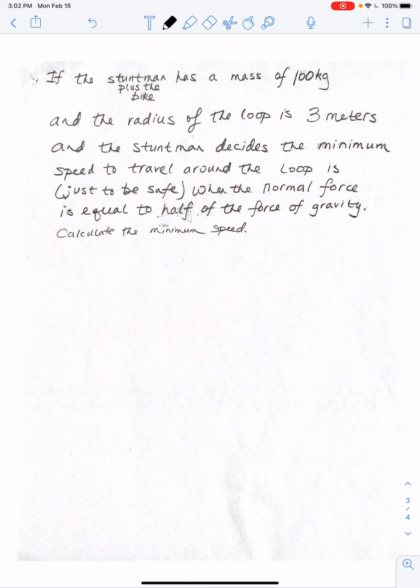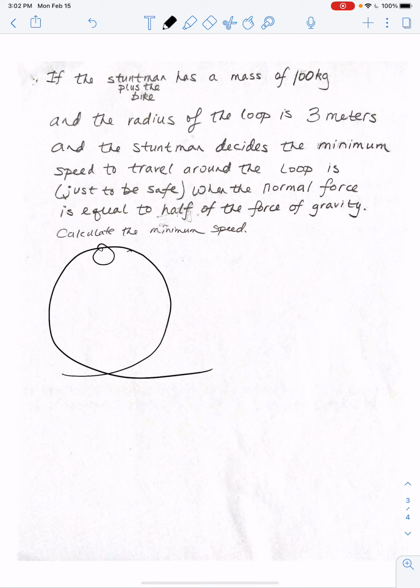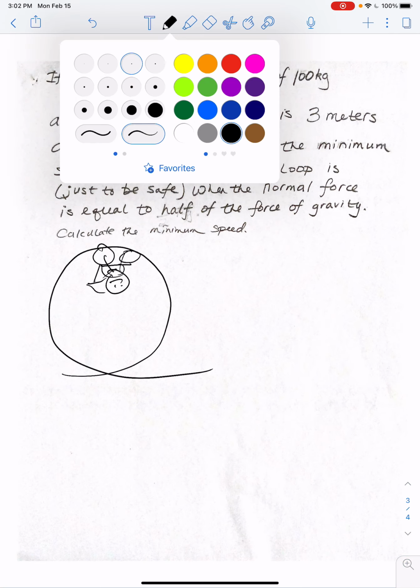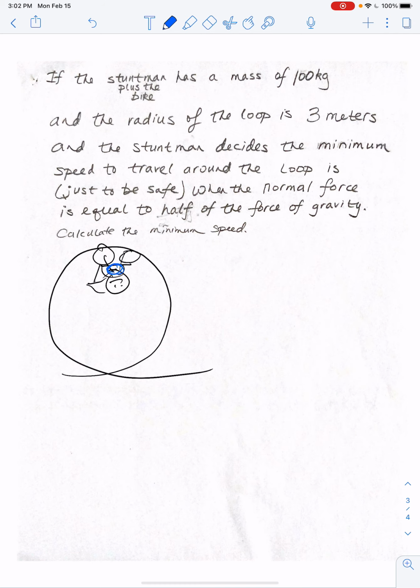So what we're saying is we're talking about the top of the loop, a situation like this. Can I draw this person on a bike? Probably not very well. All right, it's something. Let's just move on.